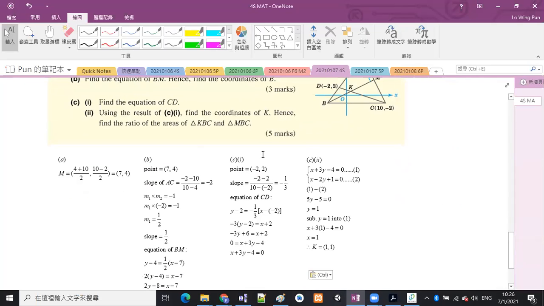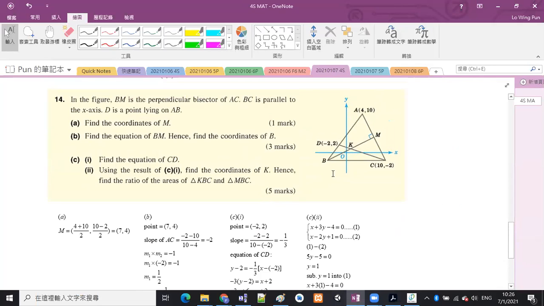跟住 we're going to find the ratio of the areas of triangle KBC and MBC.